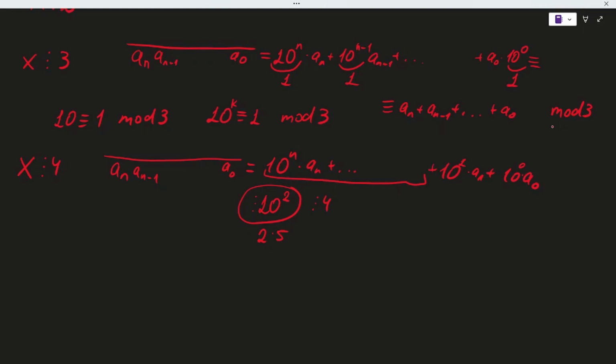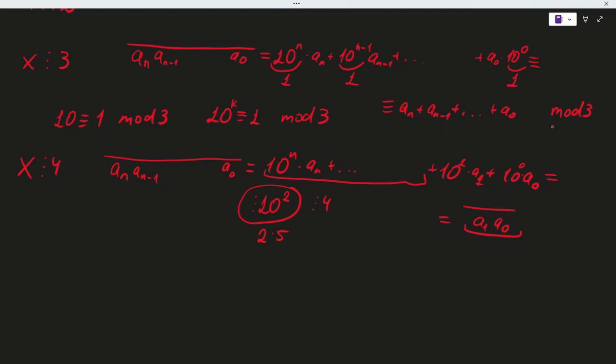We just need to show that 10 to the power of 1 times a_1 plus 10 to the power of 0 times a_0, which is clearly the two-digit number a_1 a_0, is a multiple of 4. If we prove that, then the original number will also be a multiple of 4.